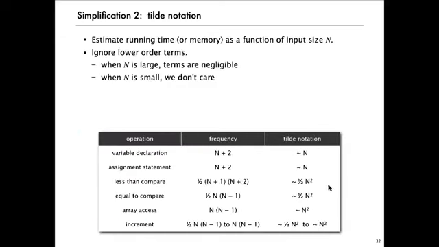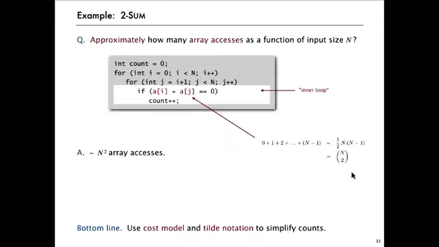So that greatly simplifies the frequency counts, and if we're only picking one thing, we're just talking about tilde n squared, and maybe another tilde n squared for the increment for the two-sum problem, say. So again, when n is large, the terms are negligible. When n is really small, they're not negligible, but we don't really care because we're trying to estimate running times for large n, and running times for small n are going to be small no matter what.